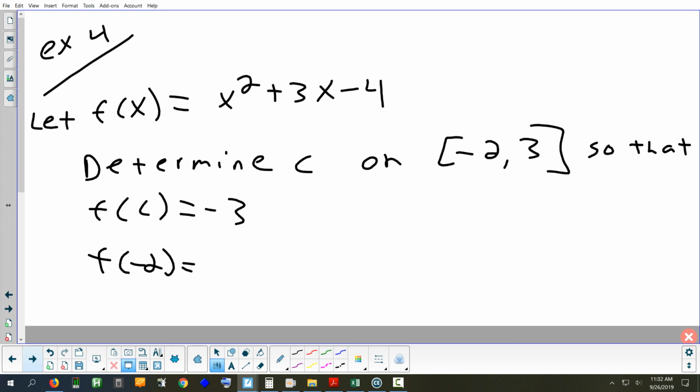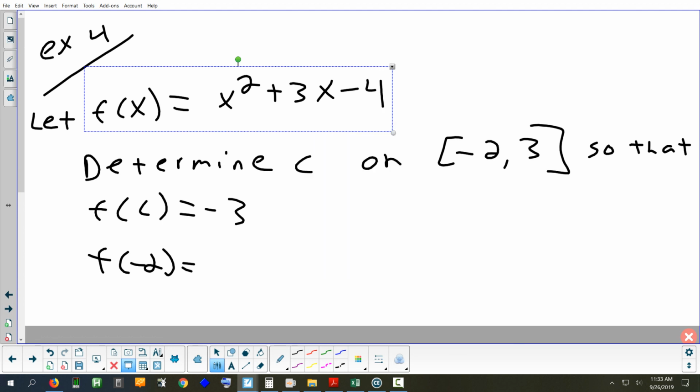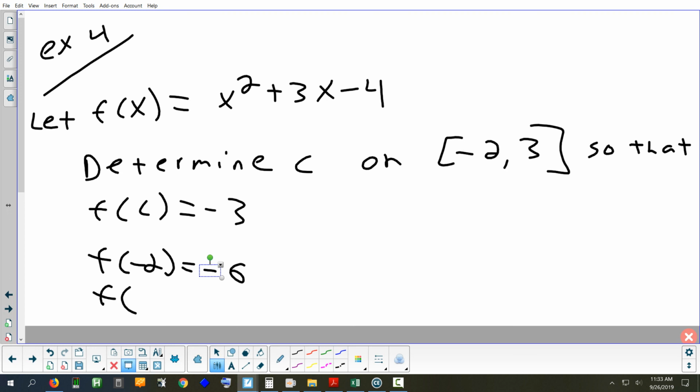What's -2 squared? 4. 3 times -2, that's -6. 4 minus 6 is -2, minus 4. Negative what? -6. Okay, so we know we're starting at -6. Where are we ending?